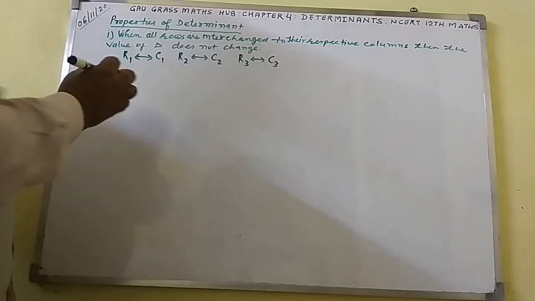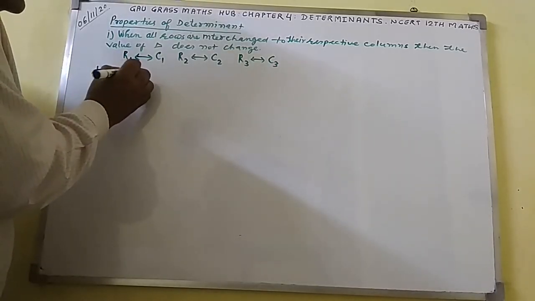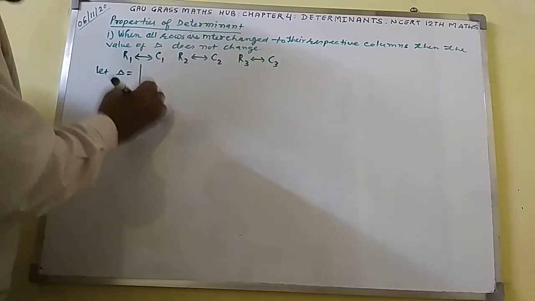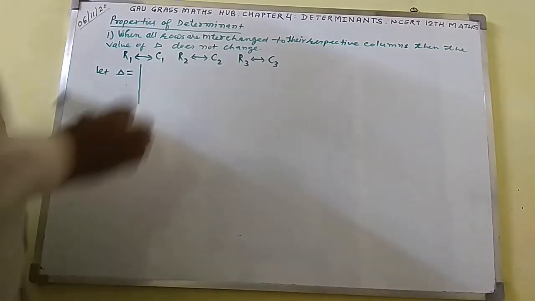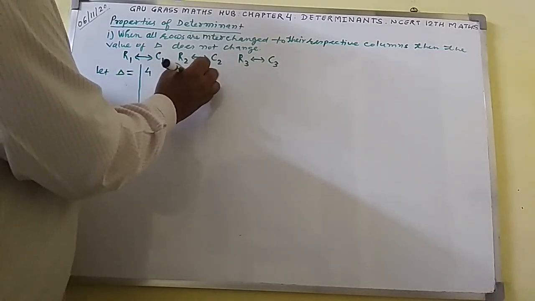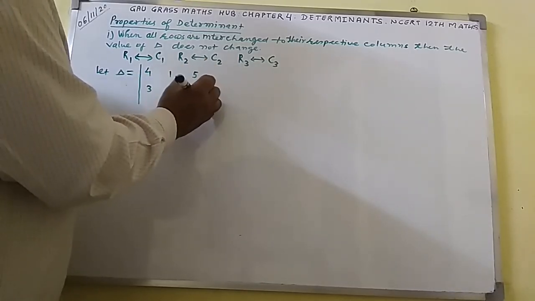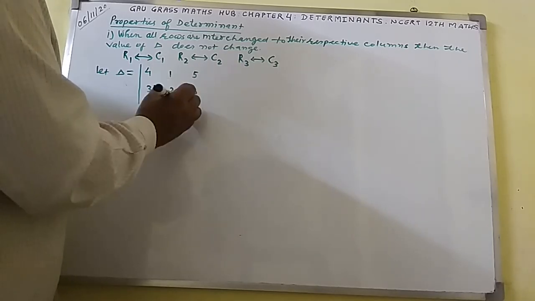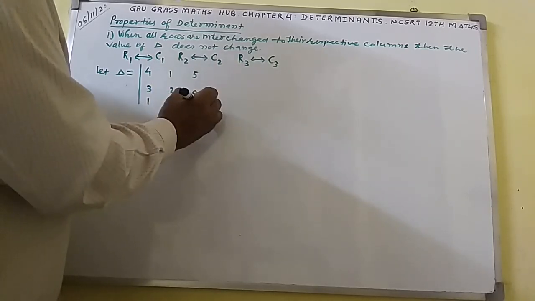In this case, let determinant equal to 4, 1, 5, 3, 2, 0, 1, 3, 4.